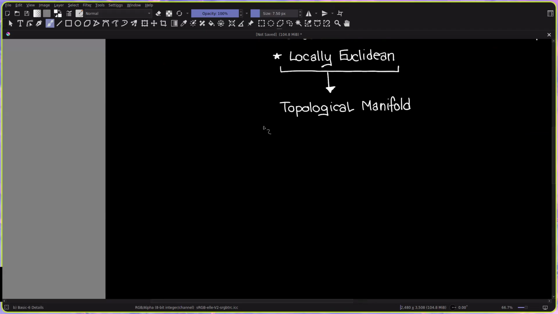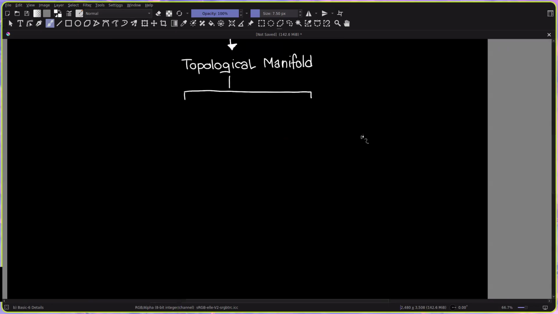So once we have this topological manifold, we then started to try to do calculus on this.